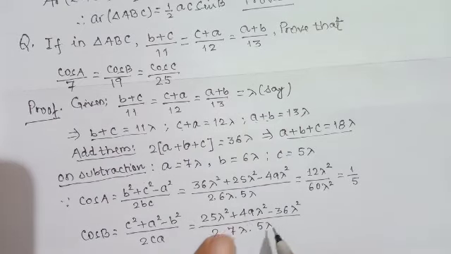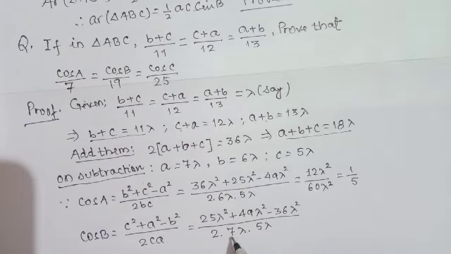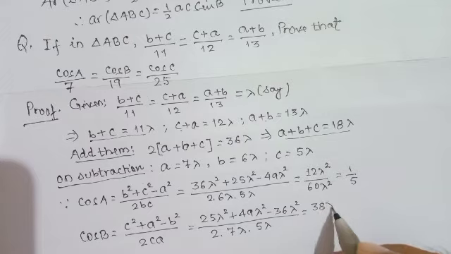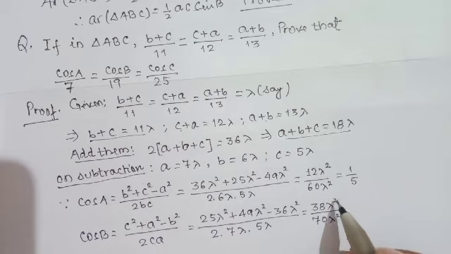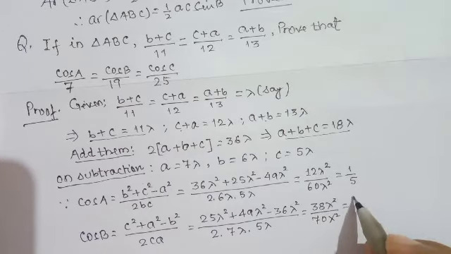So it should be 38 lambda square by 70 lambda square. Again lambda square should cancel here. Cancel by 2. So it is 19 by 35.